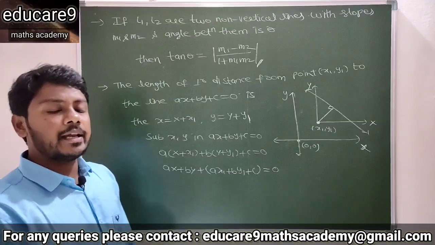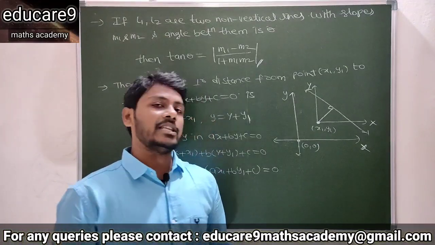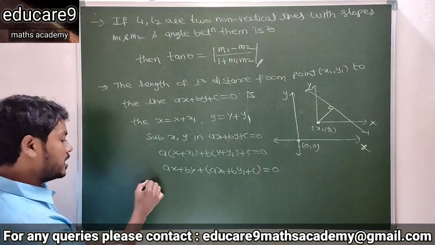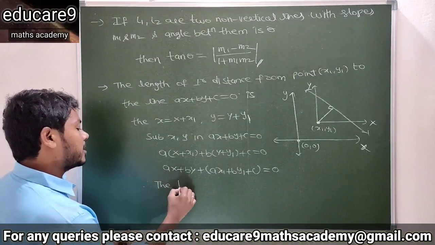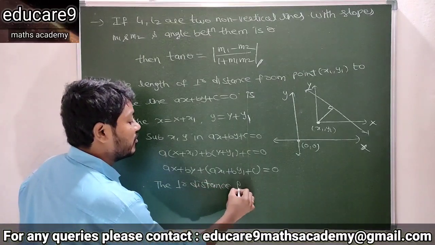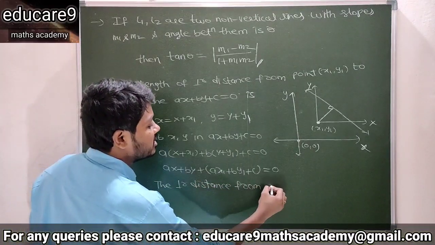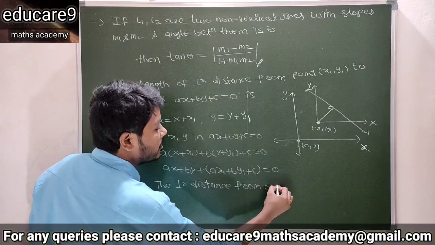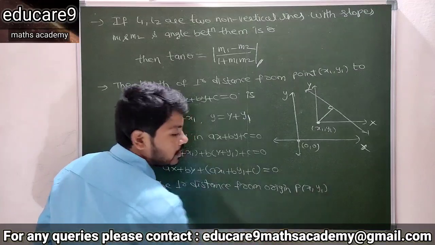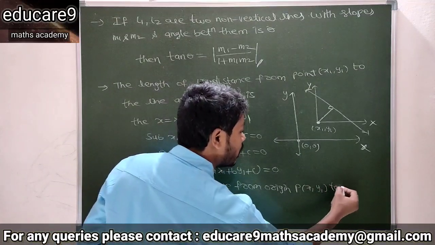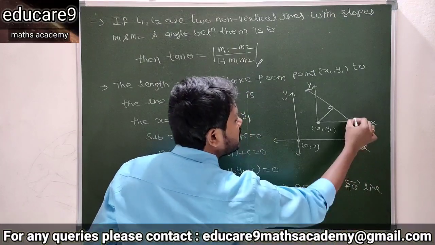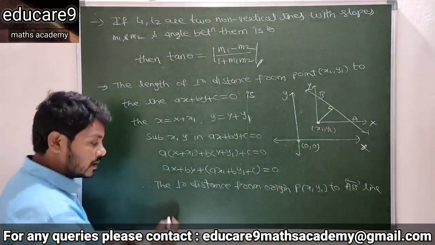You know that the perpendicular distance from the origin to the straight line is what? Mod c by square root of a square plus b square. So see here, therefore the perpendicular distance from your origin, that is the point x1 comma y1, to the line is what?